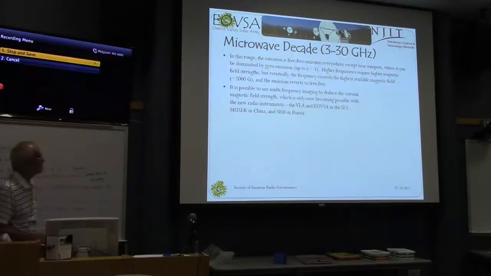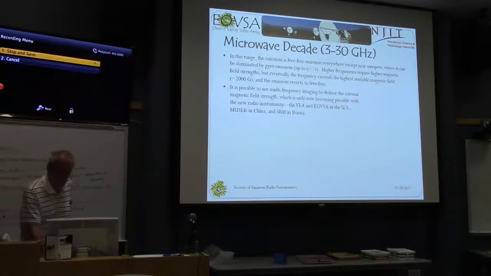Okay, so it's possible to use multi-frequency imaging to deduce the coronal magnetic field strength, which is only now becoming possible with radio instruments such as the VLA, our instrument in EOVSA, and a couple of others, one in China and one in Russia, that are coming along with some of these same capabilities.